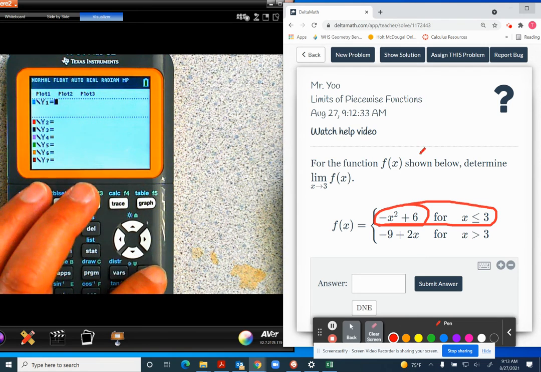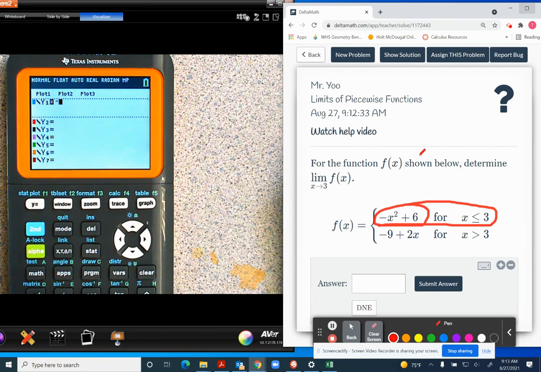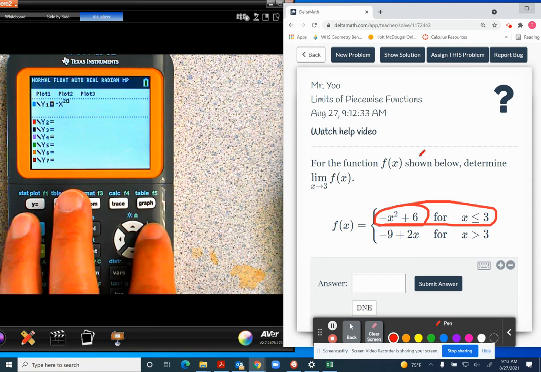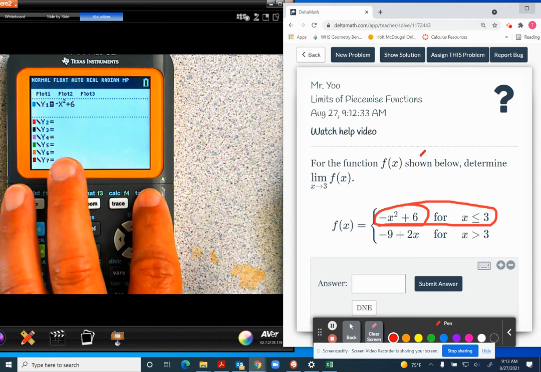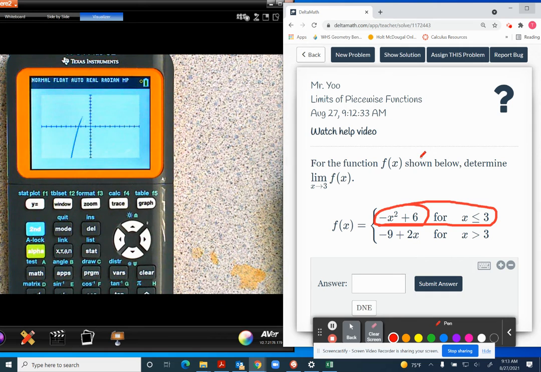Clear this. Alright, so go ahead and put negative x squared. Stay with me, okay? And then make sure you practice using your graphing calculator just like me. And graph this out. Very good. Alright, so how many of you guys knew that was a parabola? One person? Oh, okay. So it is a parabola.